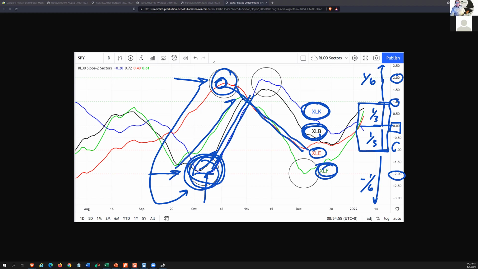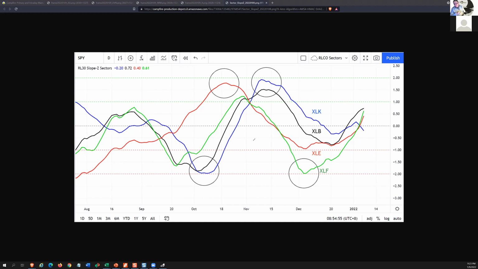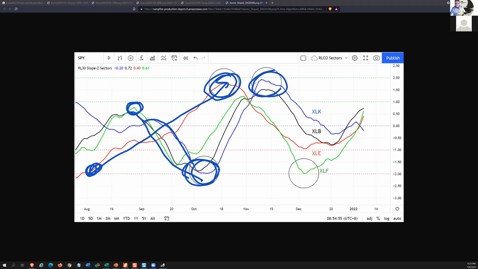So what you're seeing is the routine sector cycling expressed. You're looking at the underlying trends of the currents, if you will. So here's when energy was rising, materials and finance were falling. And then tech started to fall. So those Z2 moments are really useful.